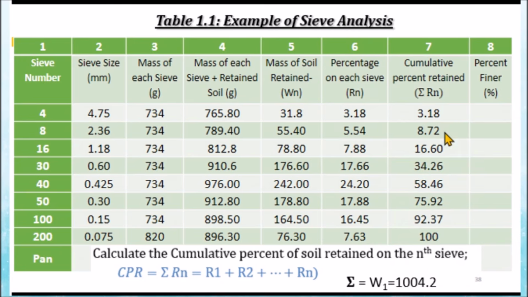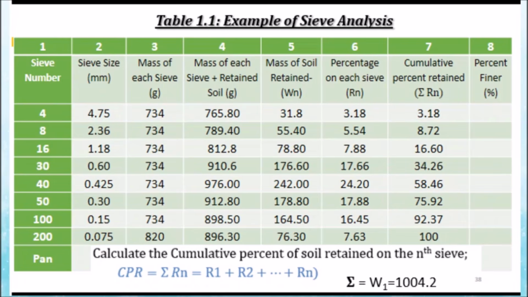Dito sa una, 3.18. So, next is 3.18 plus 5.54, that is 8.72. 8.72 plus 7.88, that is 16.6. 16.6 plus 17.66, that is 34.26. 34.26 plus 24.20, so that is 58.46, and so on.